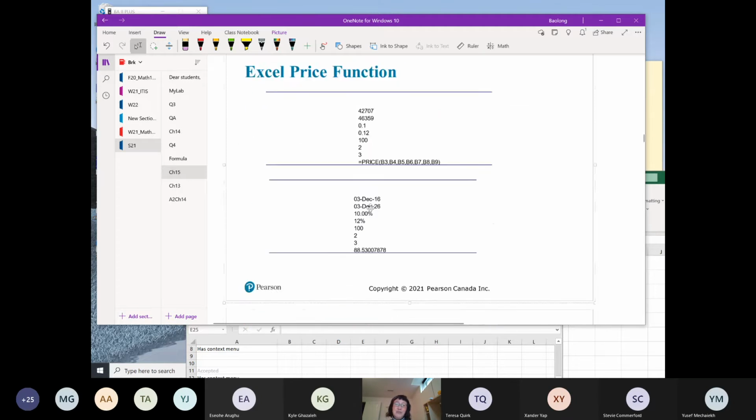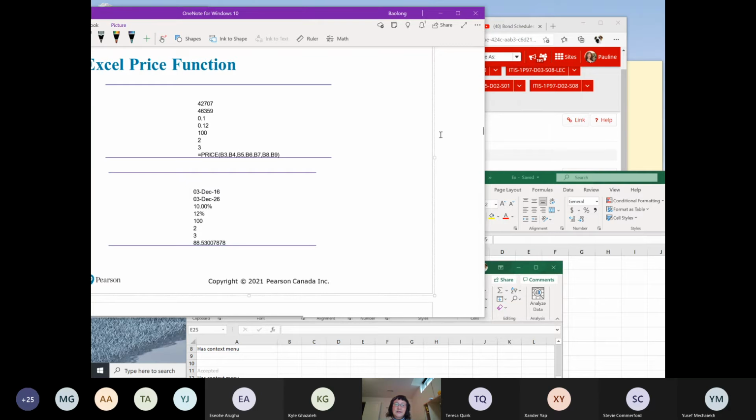For example, if you bought the bond on December 3rd, 2016, and it matures in 10 years, the maturity date would be December 3rd, 2026. And then you need the bond rate 10%, the market rate 12%, and then you use the Excel PRICE function to get this number.